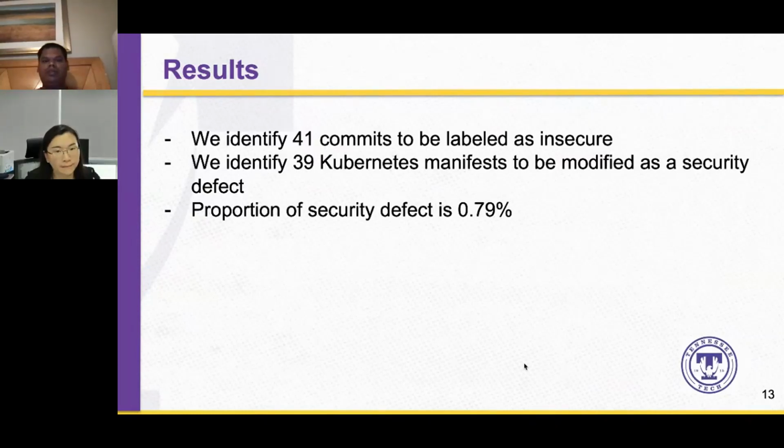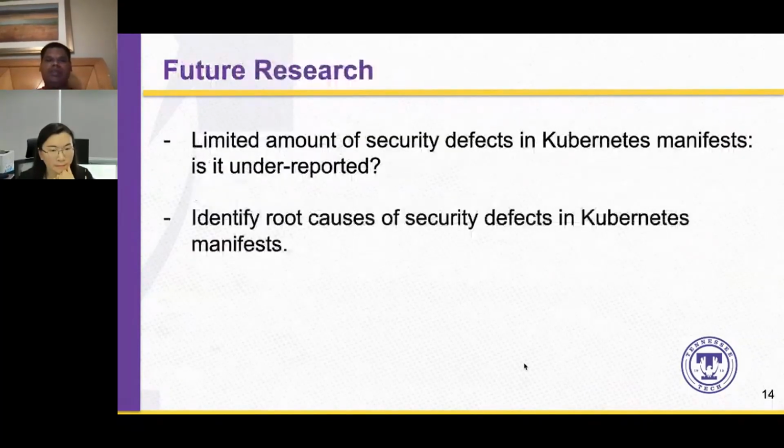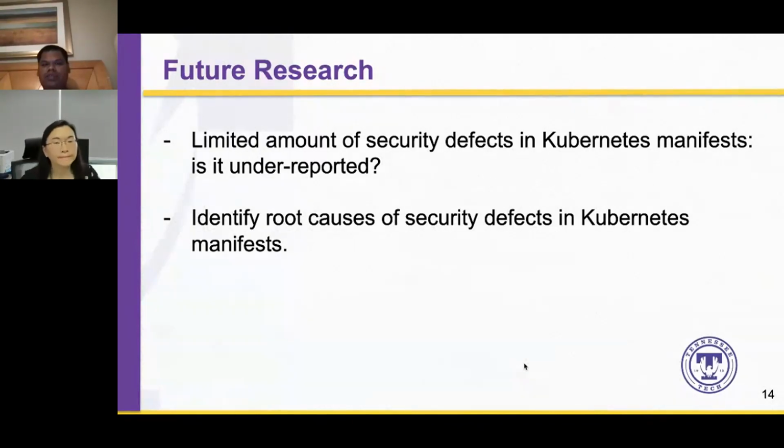Using our proportion of security defects metric, we see that it's less than 1%, indicating that when it comes to self-reporting as expressed by commit messages, security defects are rare for Kubernetes manifests. Based on our findings, our hypothesis is, number one, that the data set we looked into is not big enough.